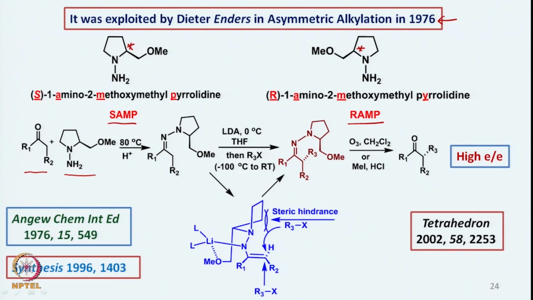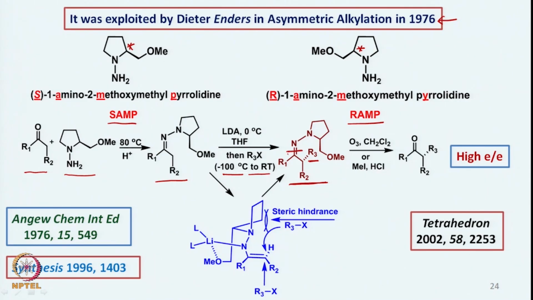SAMP and RAMP hydrazines, then at 80 degrees we get this imine that is formed, and when this is reacted with a base at 0 degrees and lower the temperature to minus 100 degrees and then eventually slowly bring to room temperature, then this reaction leads to the introduction of the R3 group as an electrophile and the CC bond is formed, and then you need to cleave this by ozonolysis or methyl iodide or hydrochloric acid.